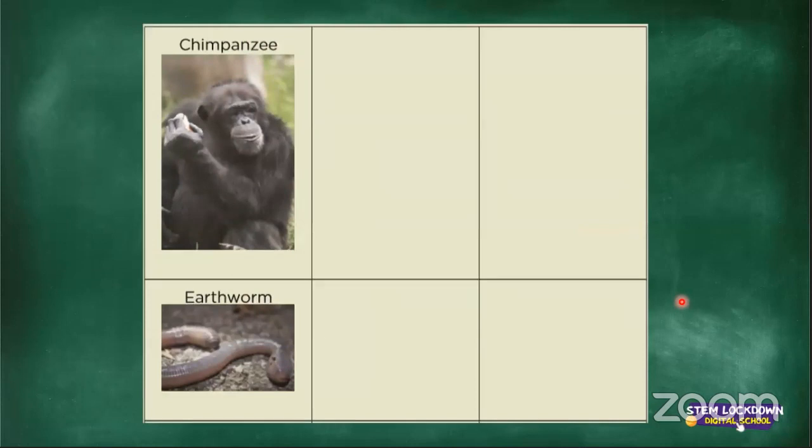A chimpanzee and an earthworm. What is its body covering? Fur. Good. Hair or fur. And where does a chimpanzee live?